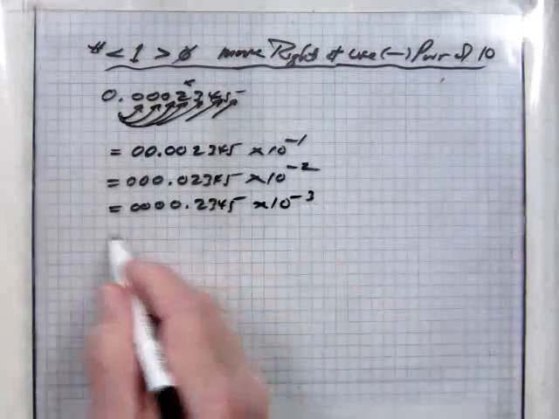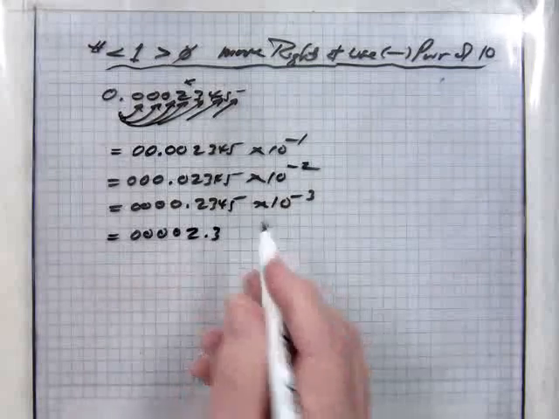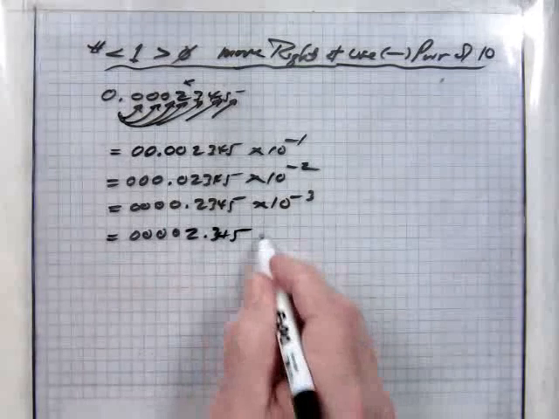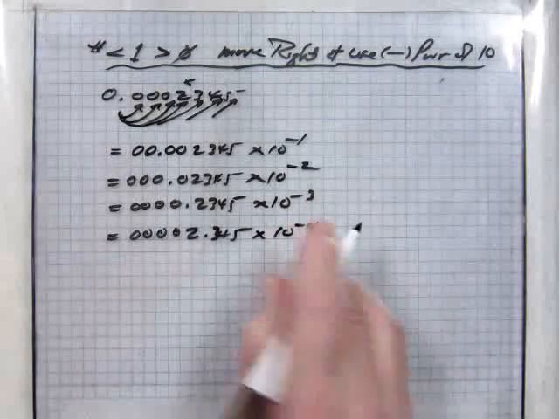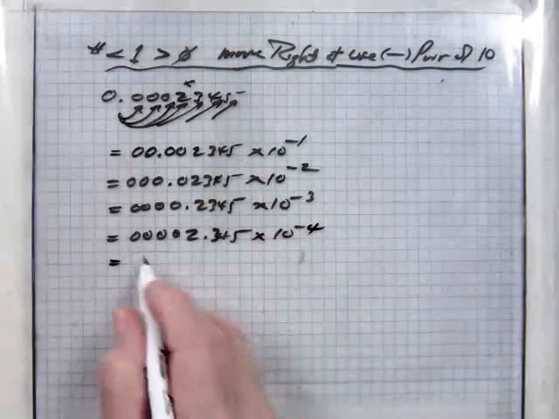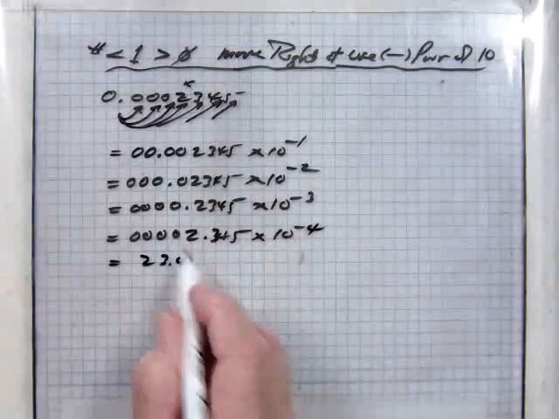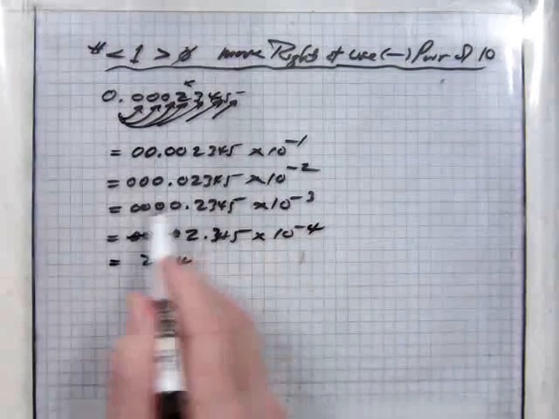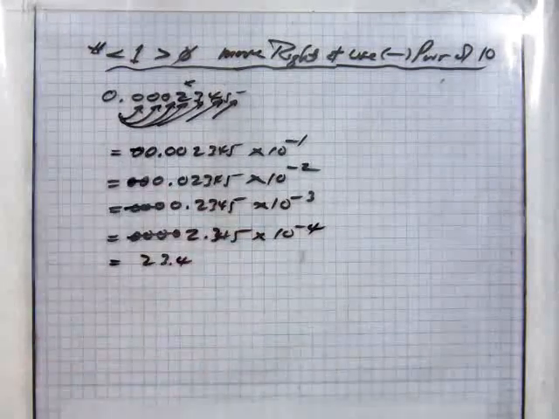There's 3. There's 4. You can even go beyond that and go to 23.45. You don't put anything but the first decimal zero in there.